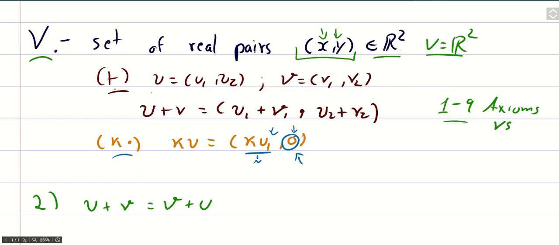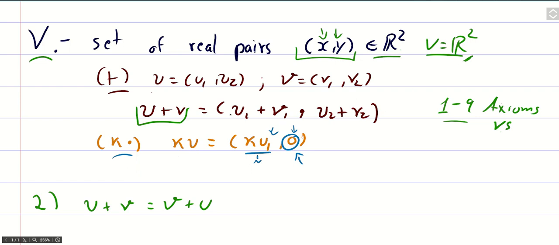Here you can see that this is the usual summation of vectors on R2. So just from that you could say that the summation satisfies the axioms related to the summation, but instead we need to prove them.